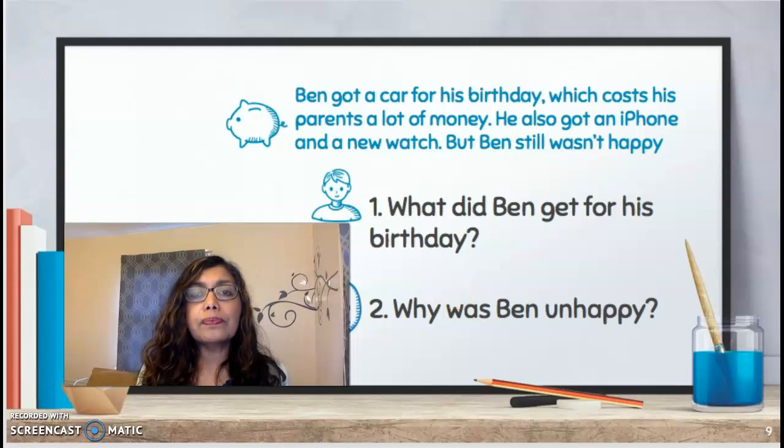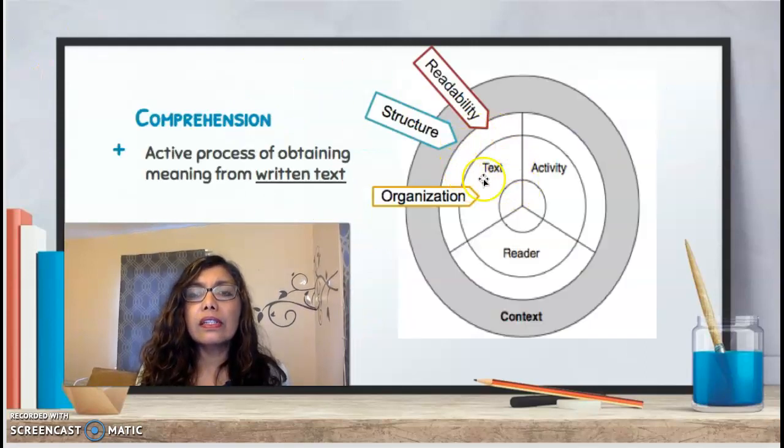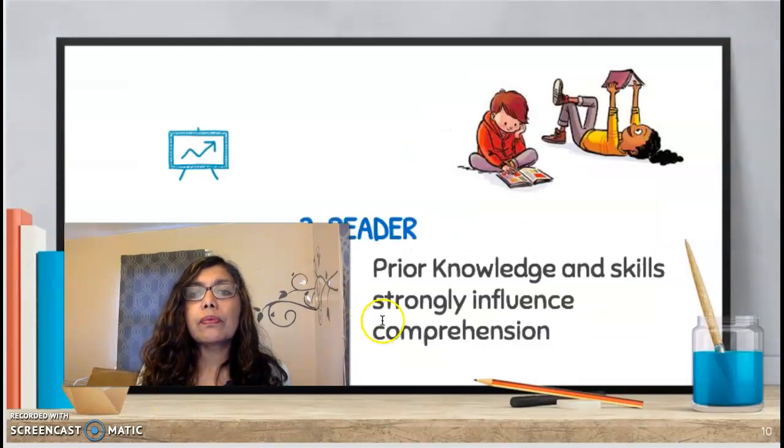So that's what text is all about. Now let's look at the activity. We talked a lot about the activity in our previous lectures, so I'm just going to quickly review it here. Again, let's talk about the reader. The reader is the person that you are teaching.